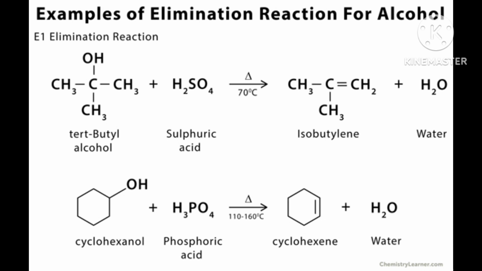And now this is the main thing of elimination reaction. When a haloalkane with a beta hydrogen atom is heated with an alcoholic solution of KOH, alcoholic solution means KOH is dissolved in alcohol, there is an elimination of a hydrogen atom from the beta carbon and a halogen atom from the alpha carbon atom.